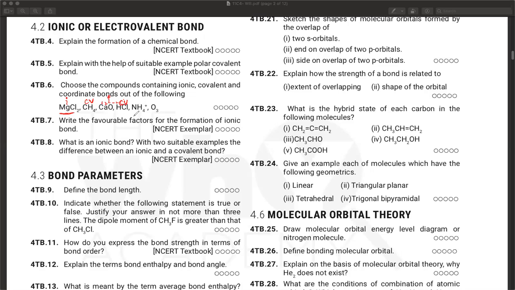Ma'am, why is it not ionic? Because you don't have H plus and Cl minus happening separately. There is a bond between H and Cl. Okay.